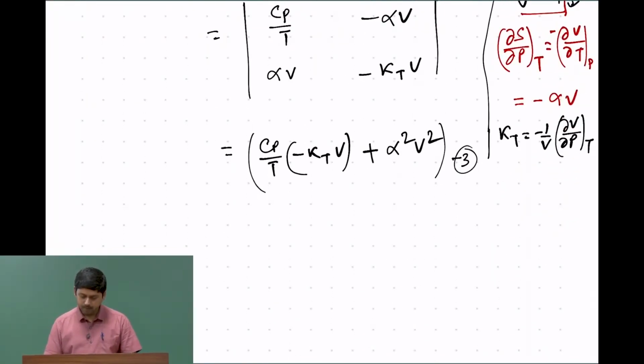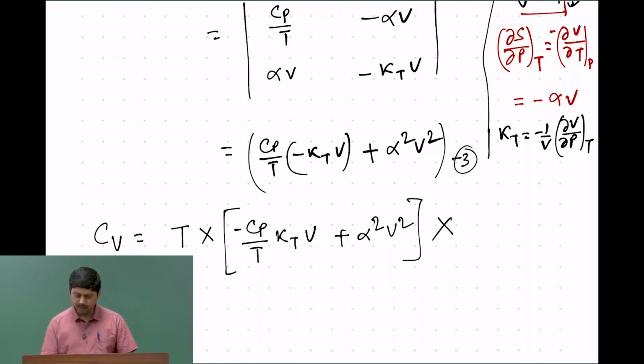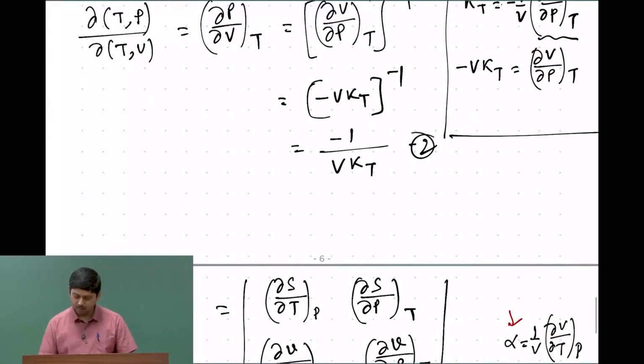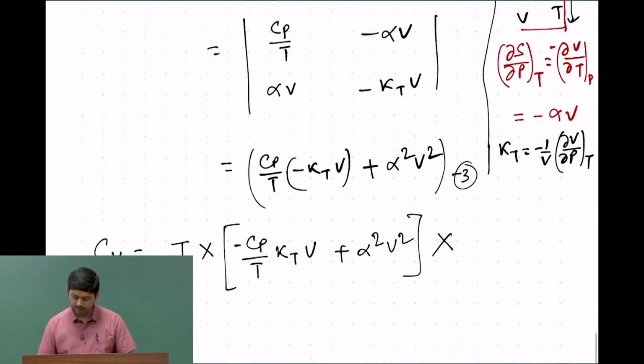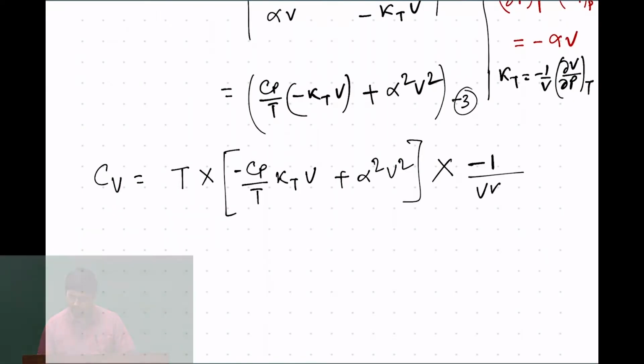So, from all the equations what we get is Cv equal to T multiplied by this quantity Cp by T, or you can just straight away write minus Cp by T kappa T into V plus alpha square V square, multiplied by, go to equation 2, minus 1 by V kappa T.